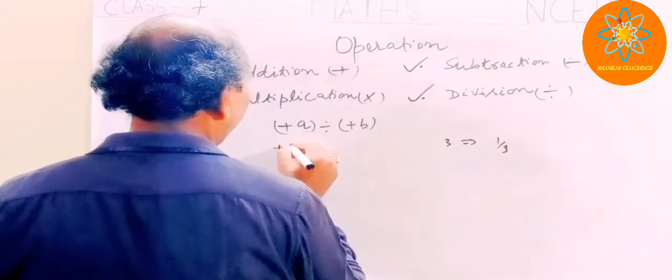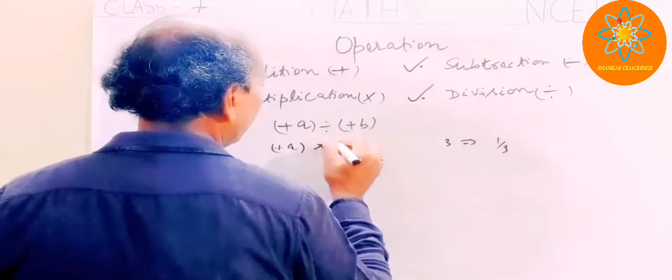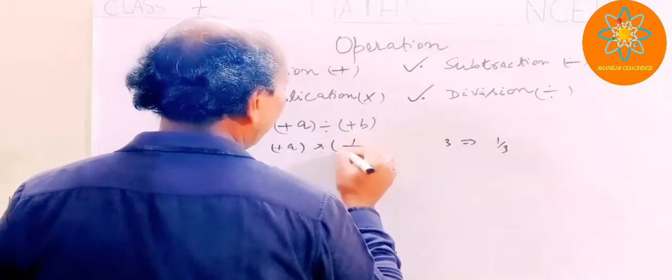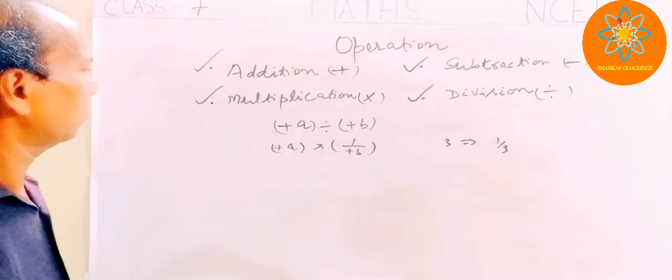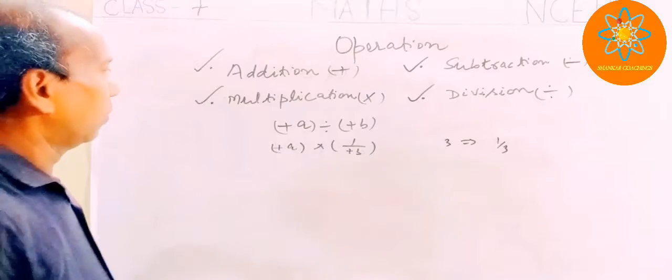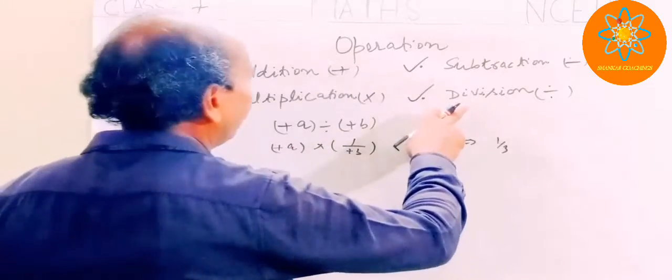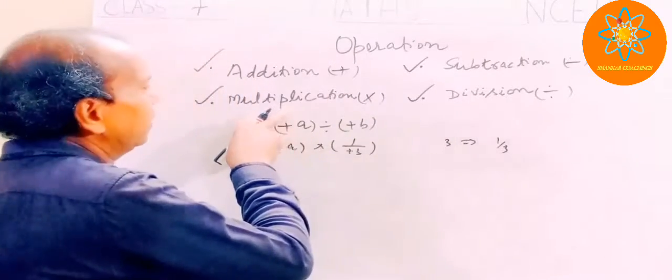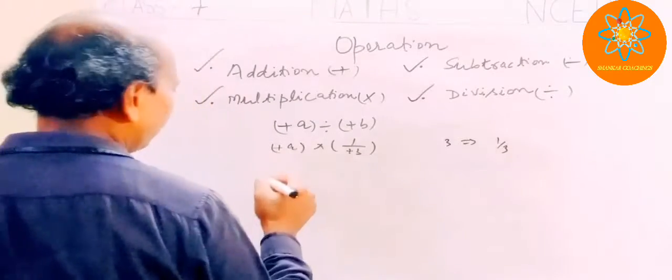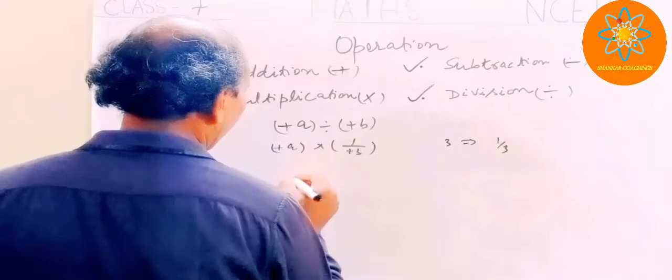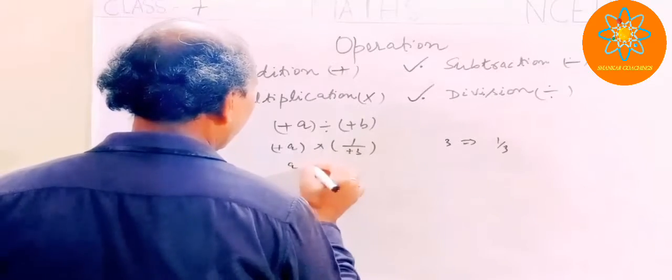So I can write in this way, a into 1 by b. As I told you, in the case of division, I will take the help of the multiplication. So we have the case of the multiplication, a into b.